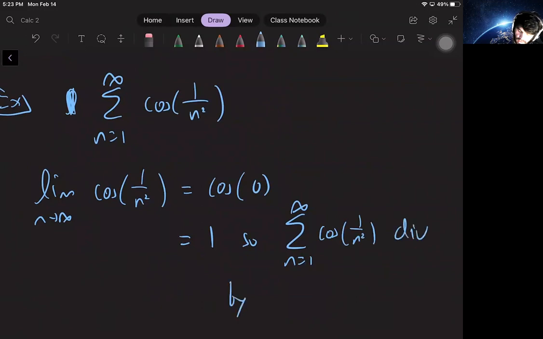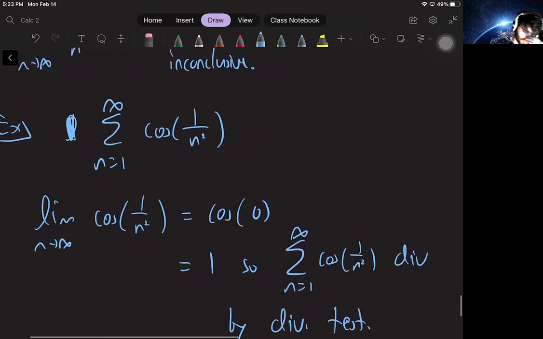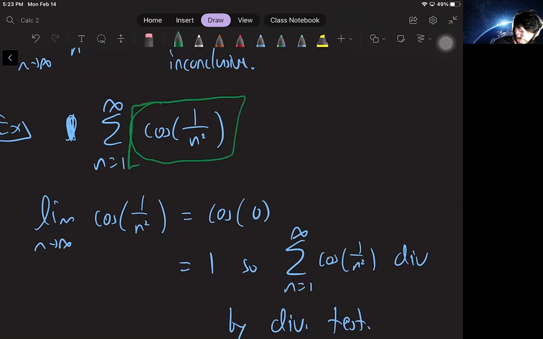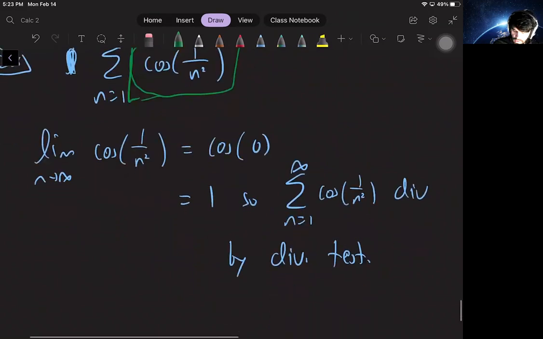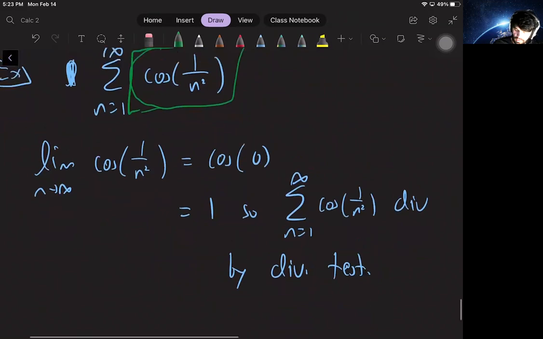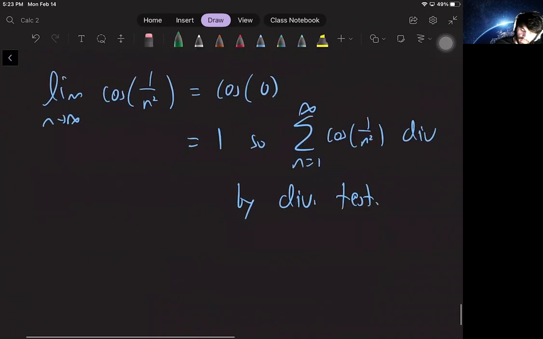And it diverges by the divergence test. Done. If I forget about the series and I just think about the sequence, then those terms don't even go to 0. So when I add them up, they're for sure going to add up to be too big. They're not going to be finite. And that's that.